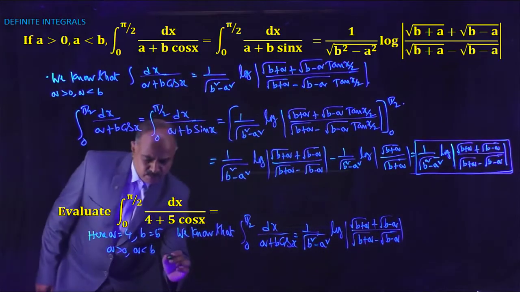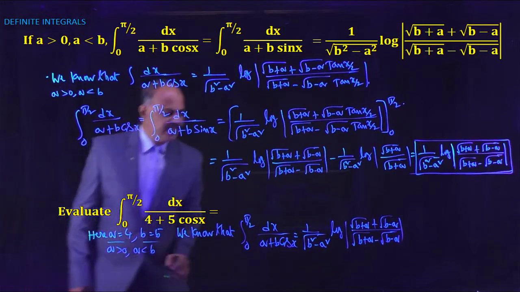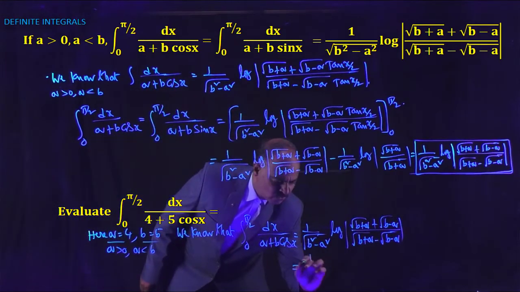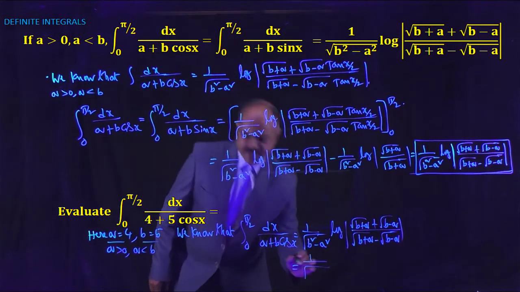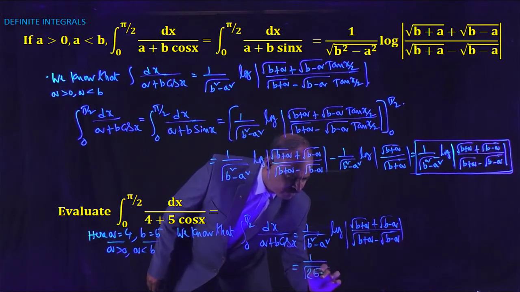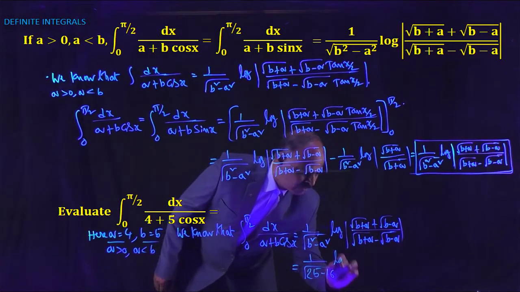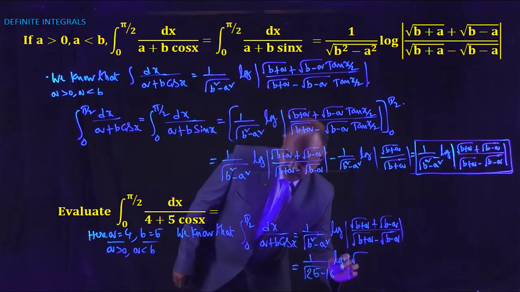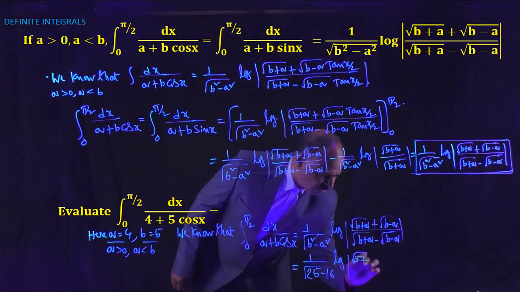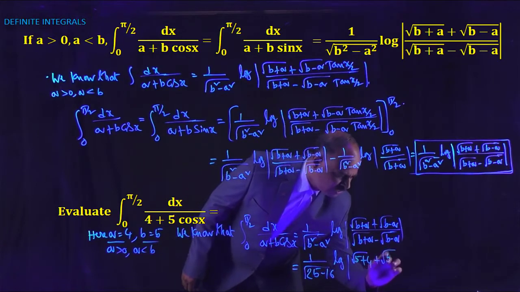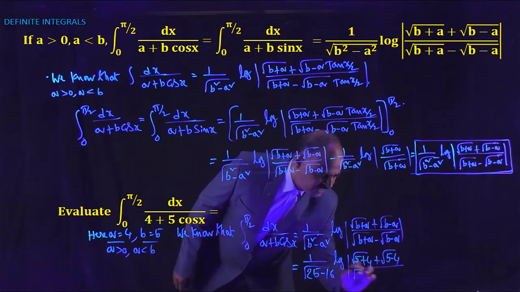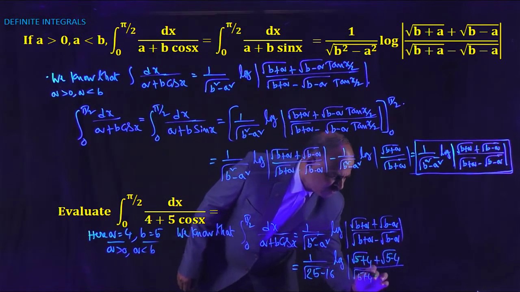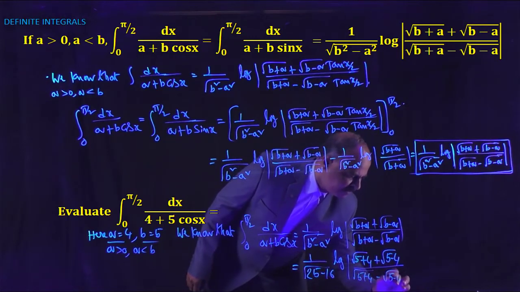So here put a equal to 4 and b equal to 5. So that is equal to 1 by root over 25 minus 16 into log modulus of (square root of 5 plus 4 plus square root of 5 minus 4) divided by (square root of 5 plus 4 minus square root of 5 minus 4).